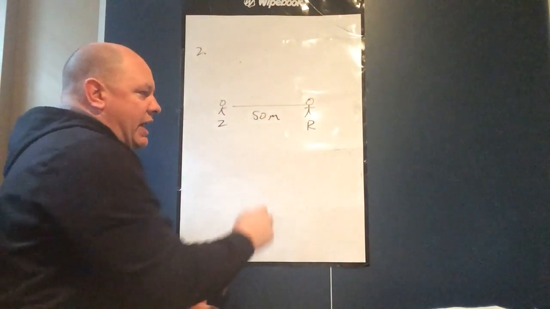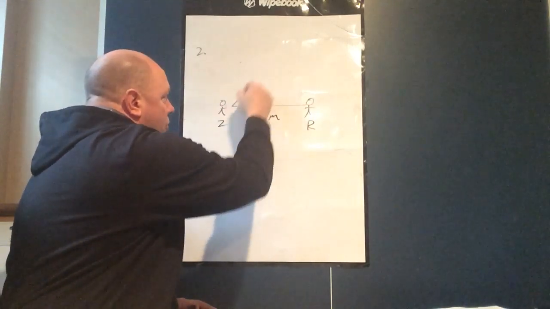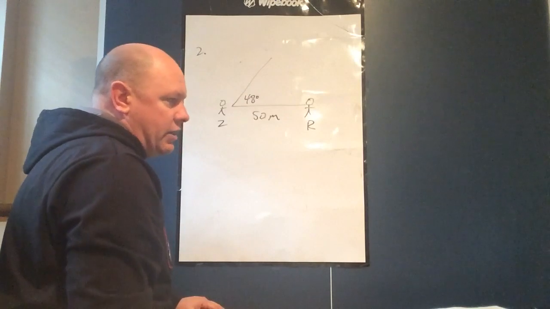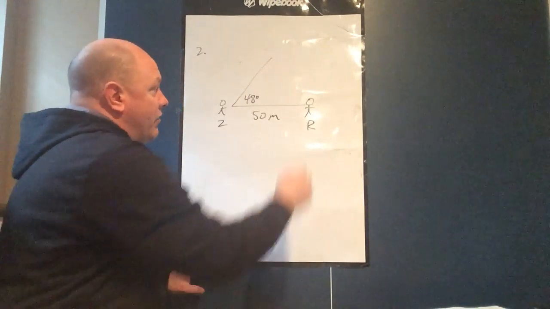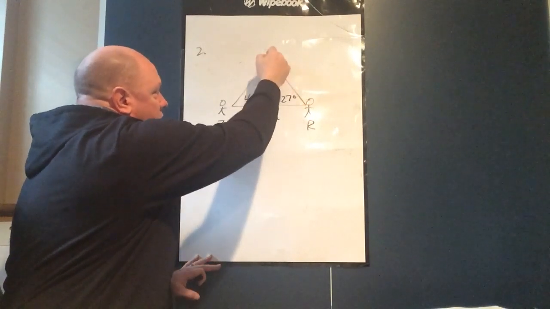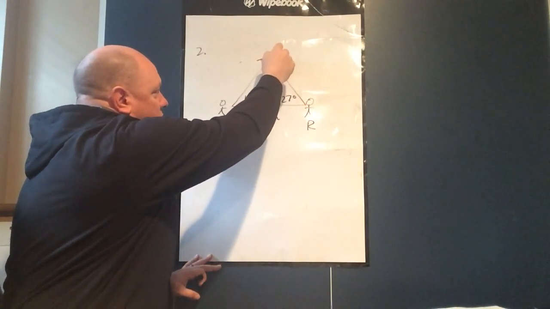Zara sees the drone at an angle of elevation. Remember the angle of elevation? That horizontal line looking up to an object, 48 degrees. Rachel sees an angle of elevation of 27 degrees. And here's the drone, flying.